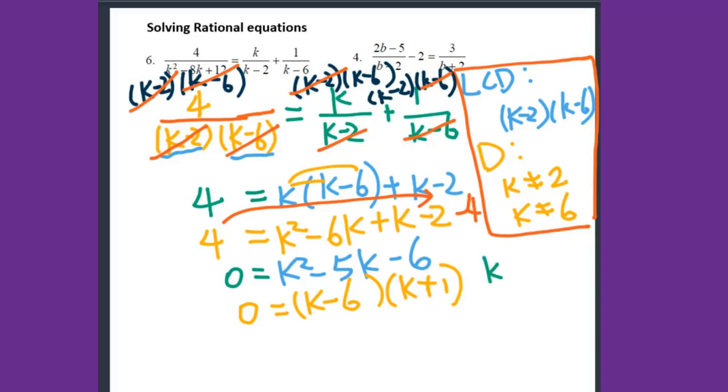Therefore, k1 equals 6 and k2 equals negative 1. Then check the domain. k cannot be equal to 6. That means 6 will be an extraneous solution. Therefore, only k equals negative 1 is the solution to this rational equation.